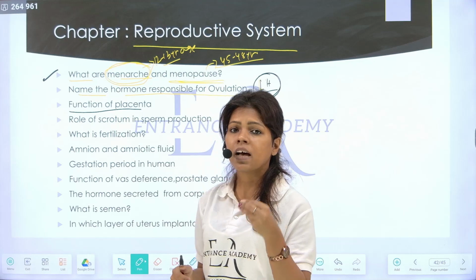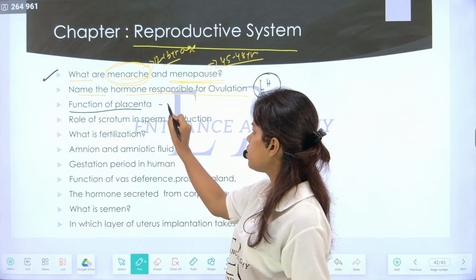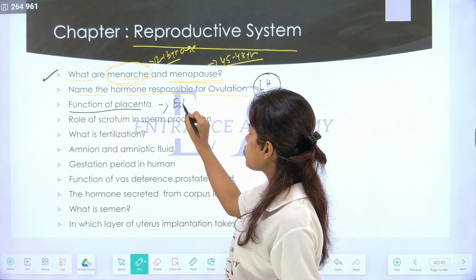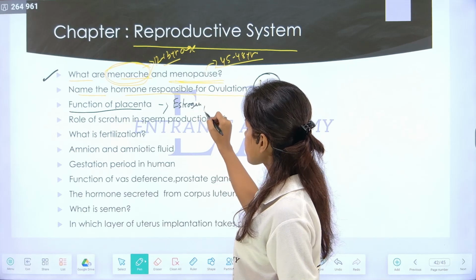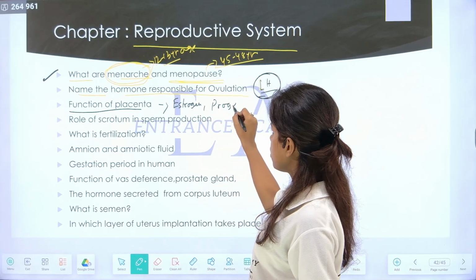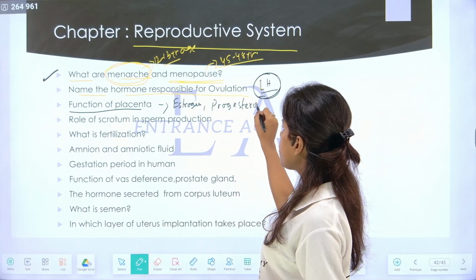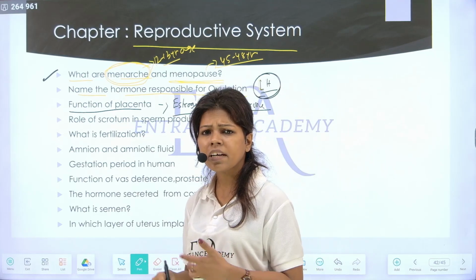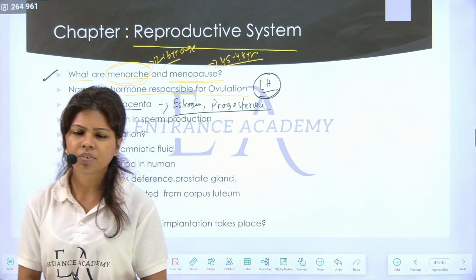Along with that, placenta can secrete two hormones that are estrogen and progesterone, but only during the time of pregnancy. So placenta is not an endocrine gland, it's a temporary endocrine gland, you say.